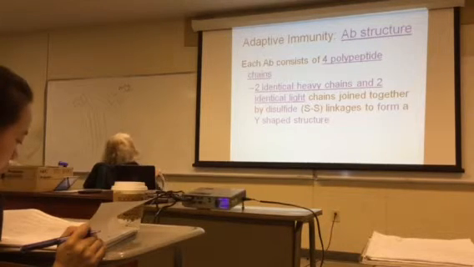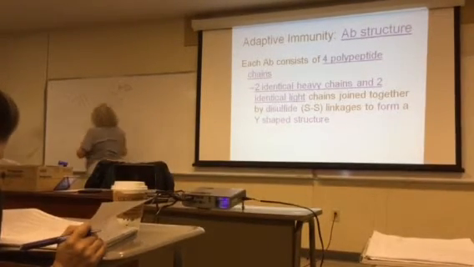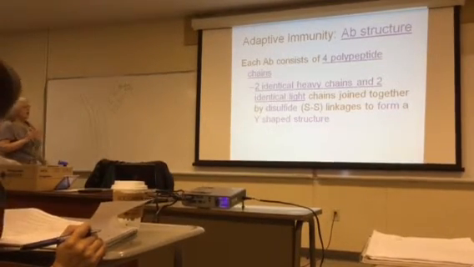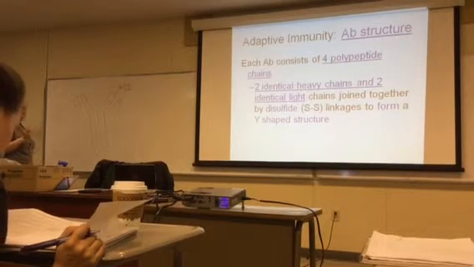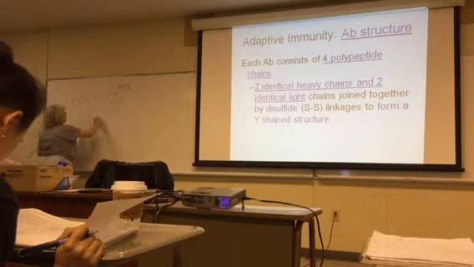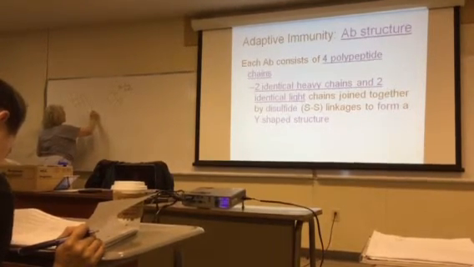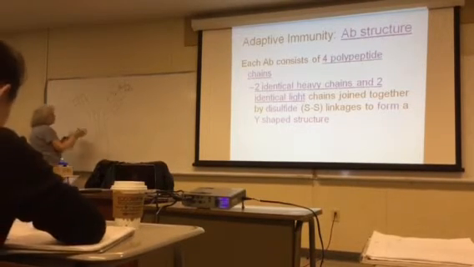That's what we have there. 2 identical heavy chains and 2 identical light chains. They are joined together by a disulfide bond. So these are bound like that to hold its shape.